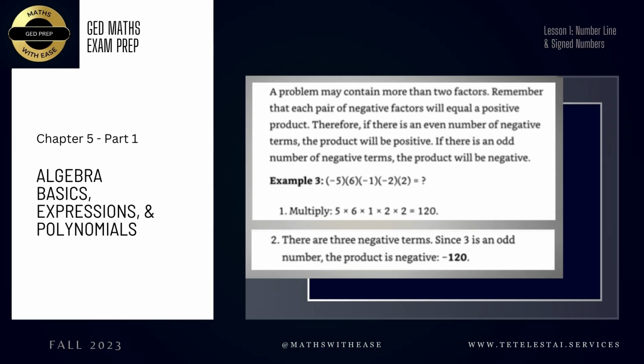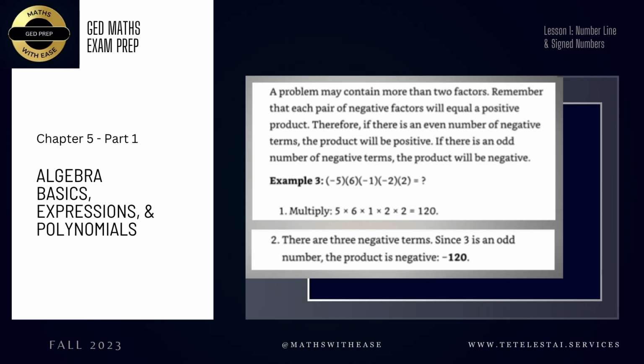In this example, we're being told to multiply 5 times 6 times -1 times -2 times 2. You can simply drop all the negative signs and just multiply across. You get 120.